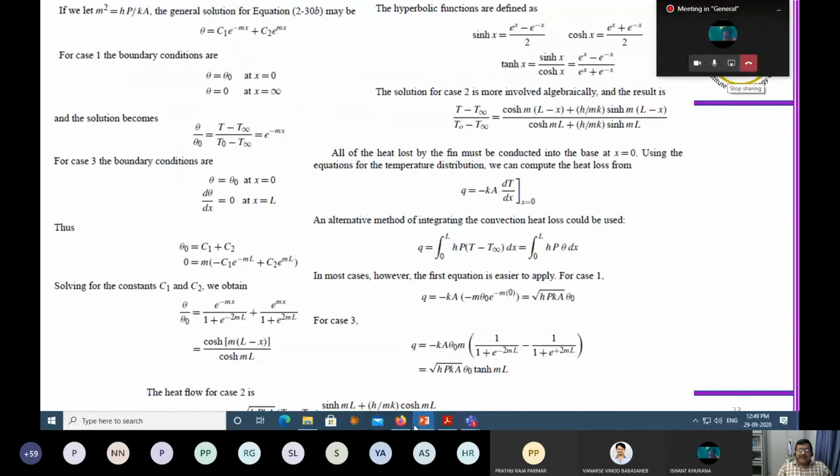Now, if you look at this page, this is a little bit of mathematical jugglery done based on this solution for theta. I have enforced different boundary conditions here, and then some algebraic manipulations are given in order to get this temperature profile. Please do it by yourself. This is very, very important.